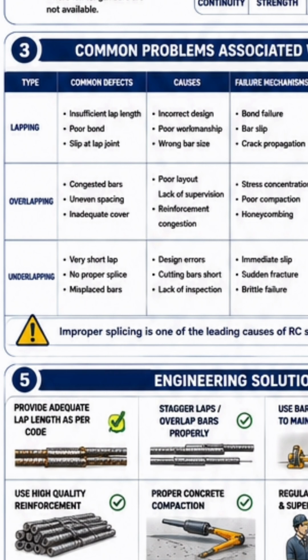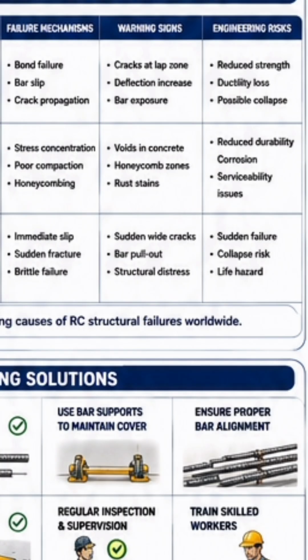Then we have failure mechanism. For the failure mechanism for the lapping, we have bond failure. That means where you lapped the two reinforcements, there can be bond failure. Then bar slip. You can have, maybe at the edge or where the lapping occurred, a bar slipping off the other reinforcement bar.